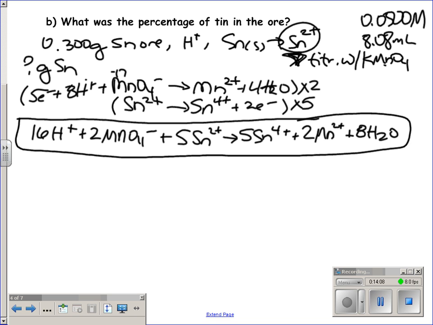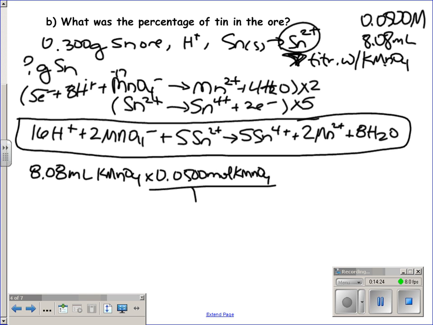So I'm going to do millimoles here, okay? 8.08 milliliters of KMnO4 times 0.0500 millimoles of KMnO4 per milliliter of KMnO4 solution. So now my 8 milliliters of KMnO4 is gone. Yay. Now what do you want to do?